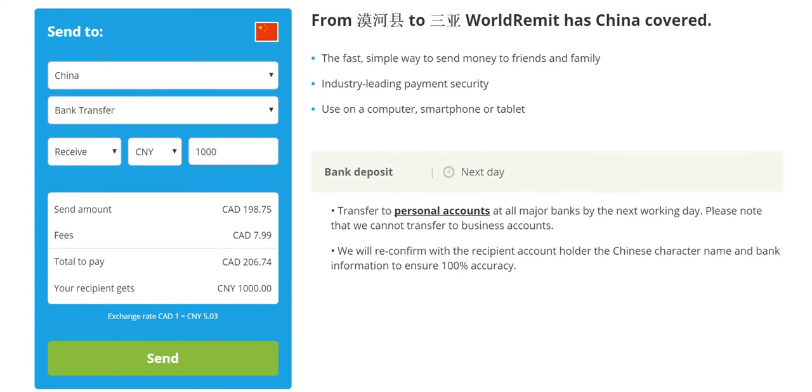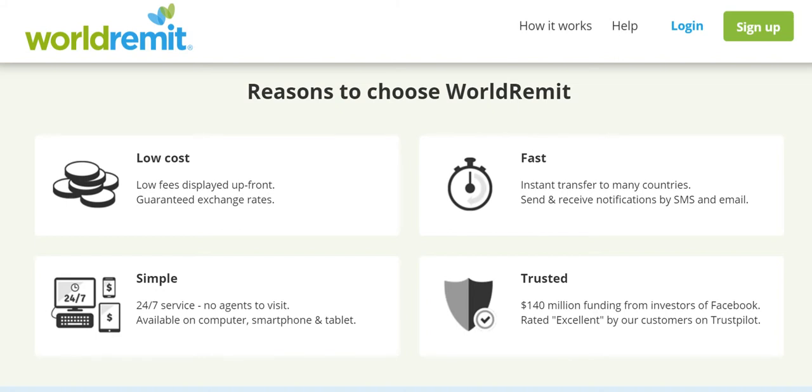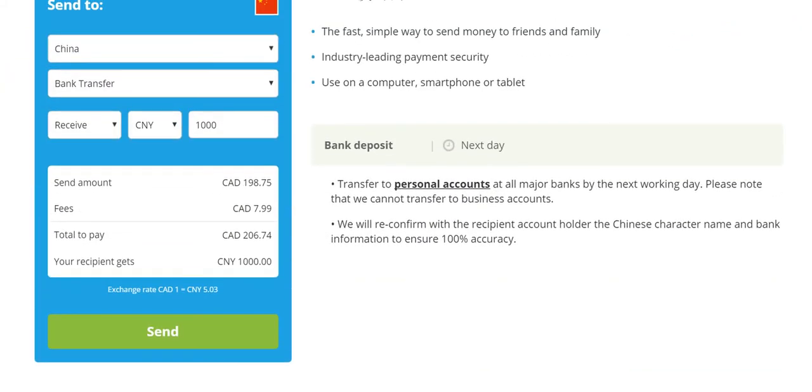Now, having showcased that, let's look at the reasons for choosing WorldRemit in particular. Even if I've touched upon them, might as well emphasize them a little bit more. Low cost, with low fees which are displayed upfront. Here you saw that the fees are as little as 7.99. And one more aspect: I'm doubling the recipient's amount, and there you see that the fees have increased just by $3.